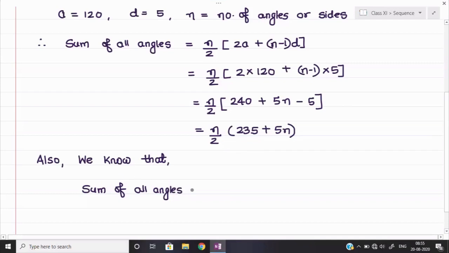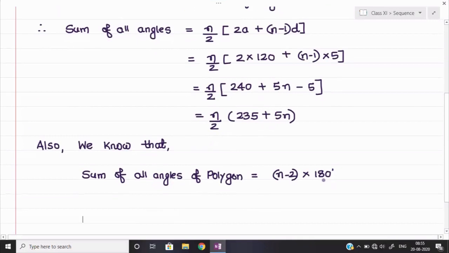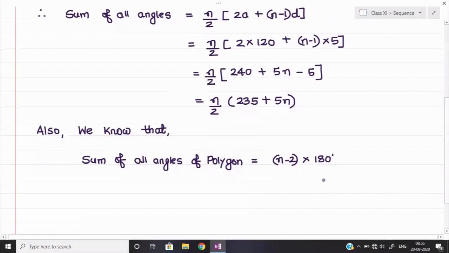So the sum of all angles of a polygon will be equal to n minus 2 into 180 degrees. This is the formula for the sum of all angles of a polygon, whether the angles are in an AP or not in an AP, doesn't matter, but this formula exists.